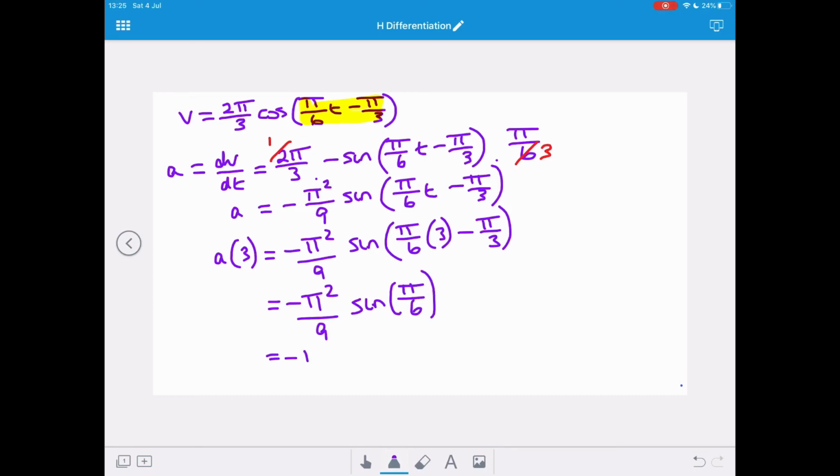And going back to our exact values, that'll be negative pi squared over 9 multiplied by a half. So that means that the acceleration at 3 a.m. is going to be a value of negative pi squared over 18 meters per hour squared.